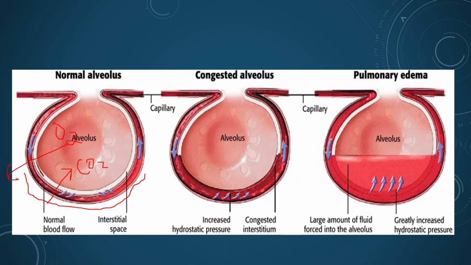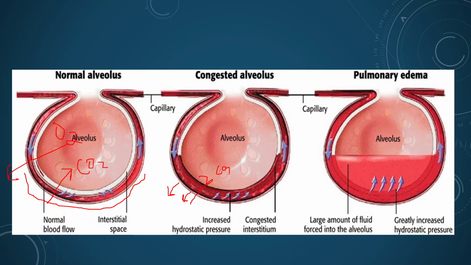Well, with increased hydrostatic pressure, what happens? It pushes it, because it's pressure, and it pushes those capillaries out. And it's hard for gas exchange to take place because you've increased the amount of travel that the CO2 has coming in and the O2 has coming out.